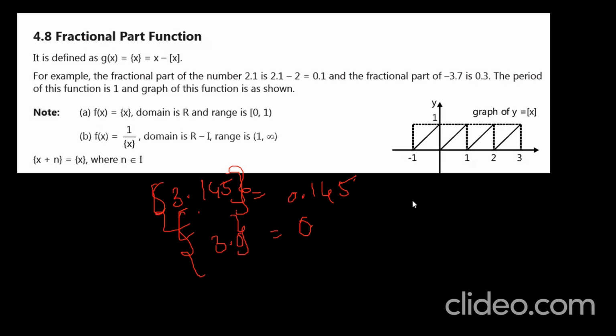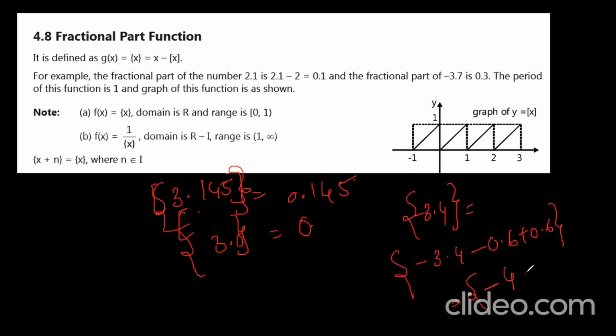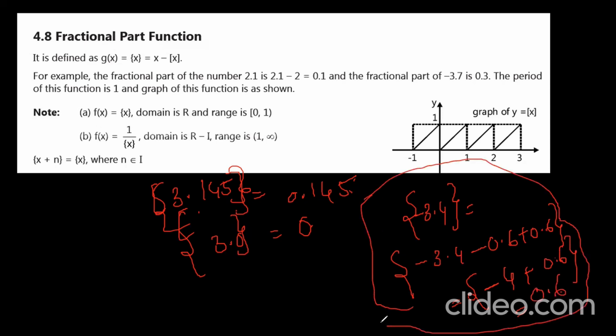If I go with the fractional part of minus 3.4, what will be the answer? I can write this as minus 3.4 minus 0.6 plus 0.6. Can I write like this? Yes? Then what do you get? Minus 4 plus 0.6. Am I right? So finally I am getting 0.6. In this manner, you can solve the fractional parts.